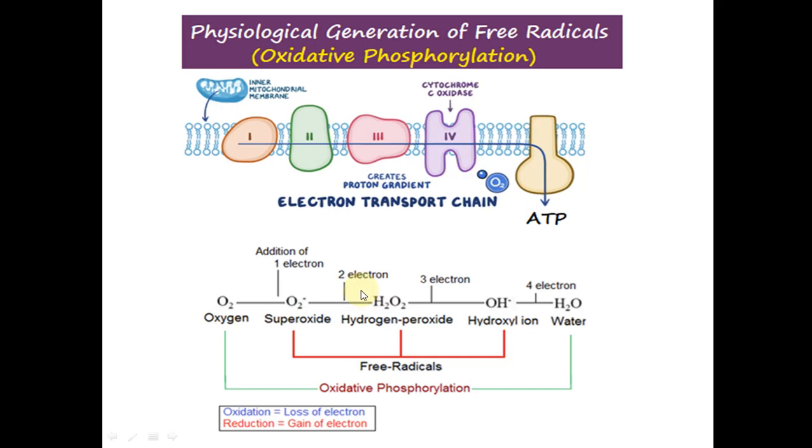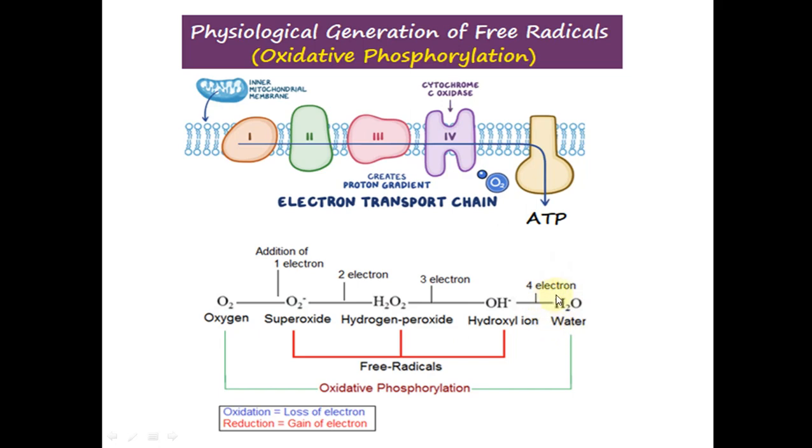Then the addition of 2 electrons will result in the formation of hydrogen peroxide, which is also a free radical. The addition of 3 electrons to the oxygen would result in the formation of hydroxyl ion, and finally the addition of 4 electrons will result in the formation of water.